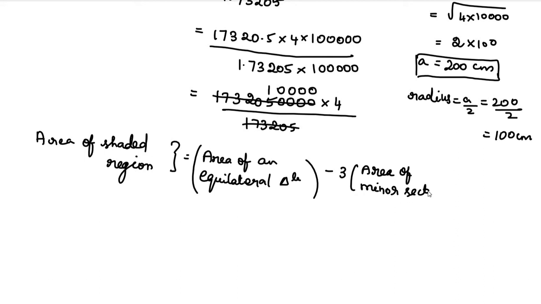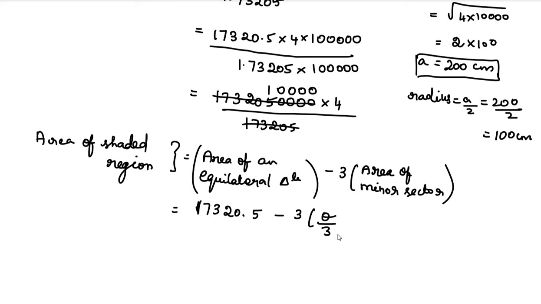Okay, what is the formula for the area of an equilateral triangle? Root 3 by 4 a square. That area of the equilateral triangle is already given: 17,320.5, minus 3 into the area of a minor sector. What is the formula for the area of a sector?